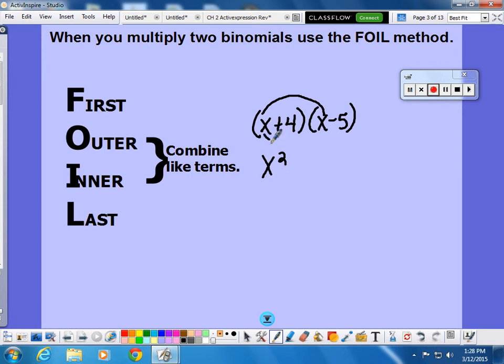These are considered the outer terms. They're on the outside. So negative 5 times x is negative 5x. If those are the outer terms, then the inner terms are right here. 4 times x is 4x.